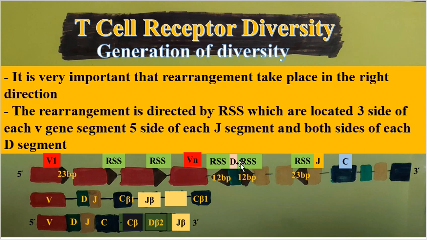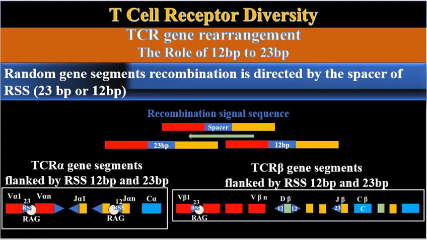As can be seen here, the D segment is flanked by recombination signal sequences on both sides, and these sequences direct the rearrangement according to the rule of 12 to 23. So now we can see this rule, the rule of 12 base pair to 23 base pair.